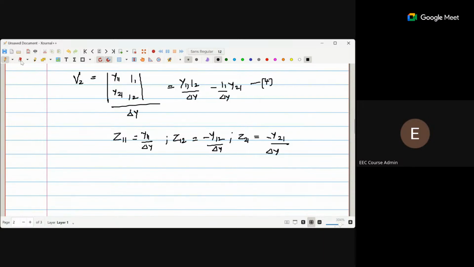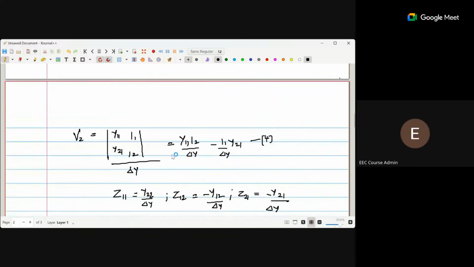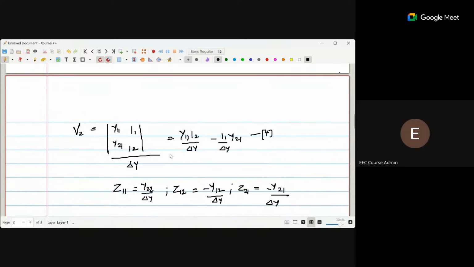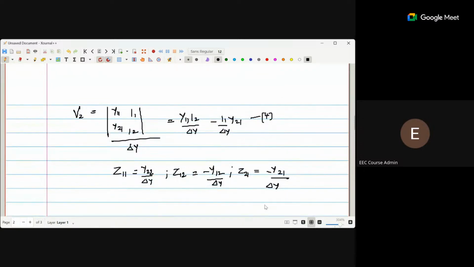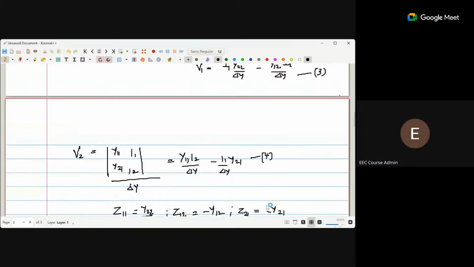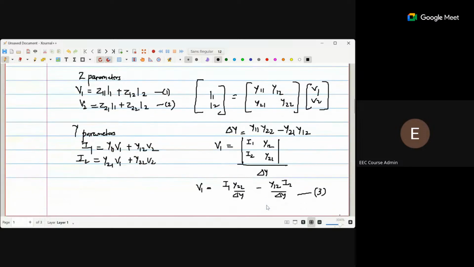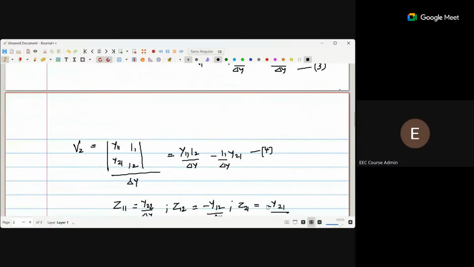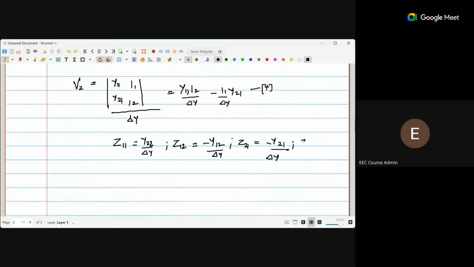This should be Y22. Okay. Z12, what do you get?